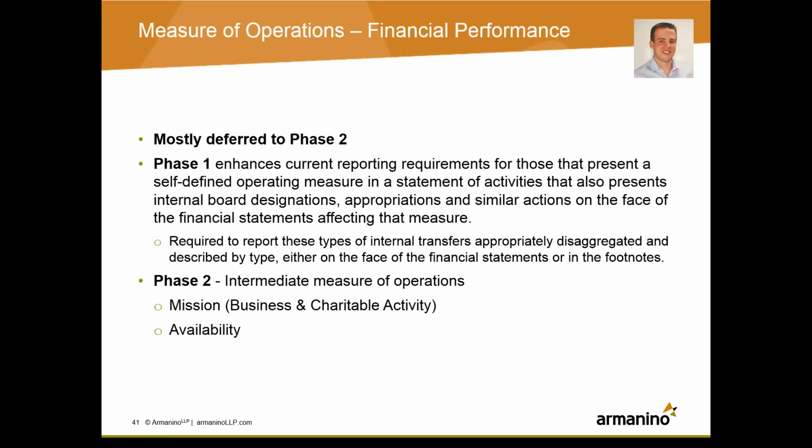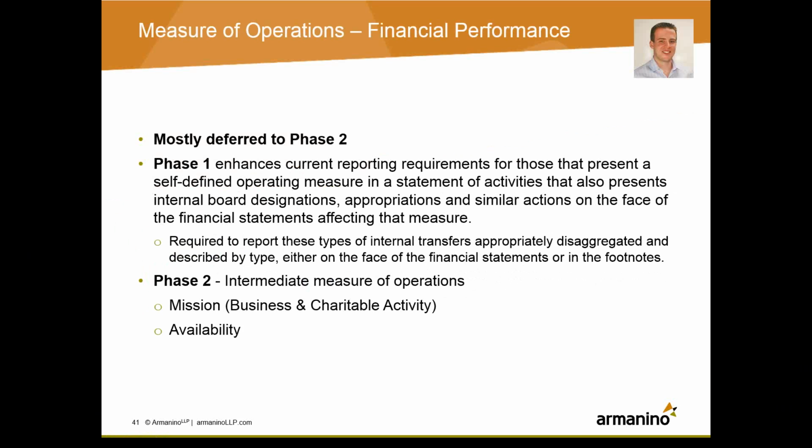The majority of this operating measure part of the exposure draft is getting deferred to phase 2 because of the issues. We've read many of the comment letters, and many organizations are finding it tough to figure out exactly what their operating measure is. I think the exposure draft alluded to two items: mission and availability. So if it directly affects your mission, that should probably be part of your operating measure.